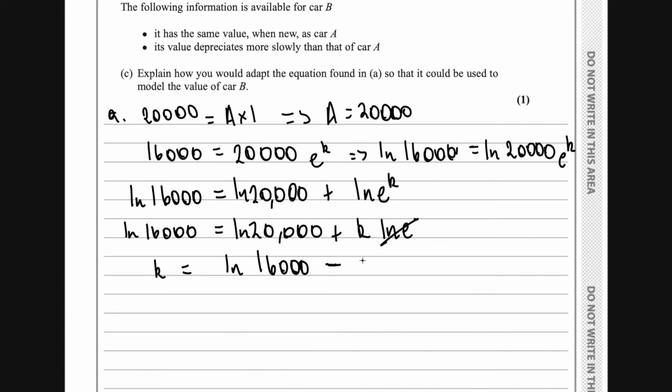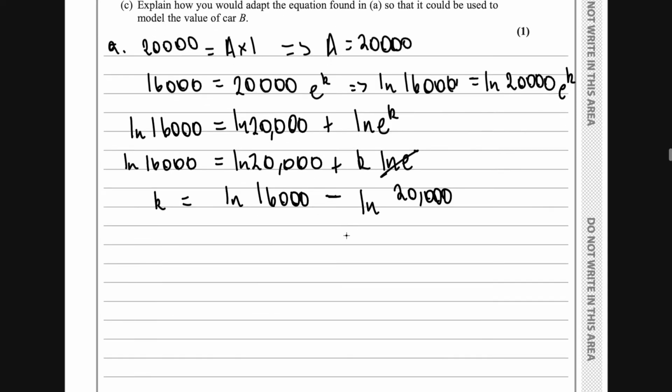minus ln 20,000. And now I'm going to be applying yet another logarithmic law, the subtraction law, such that k is going to equal ln 16,000 over 20,000.